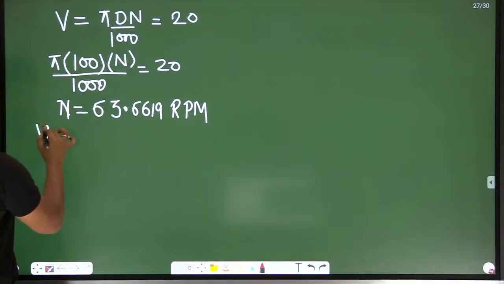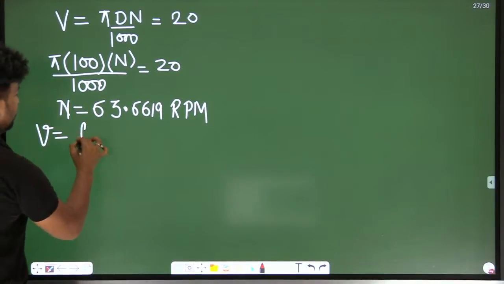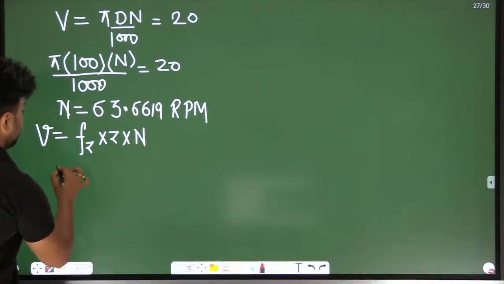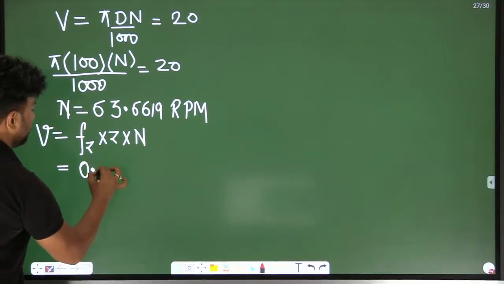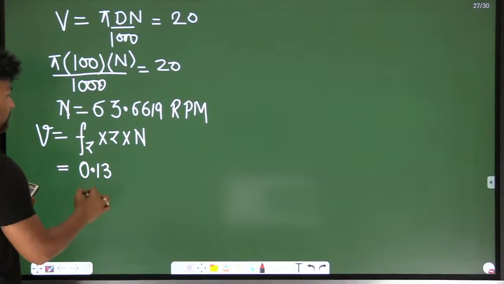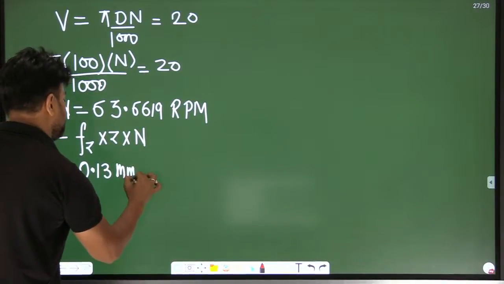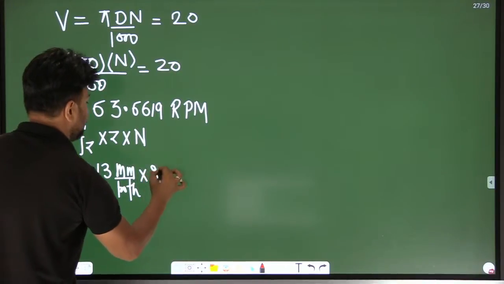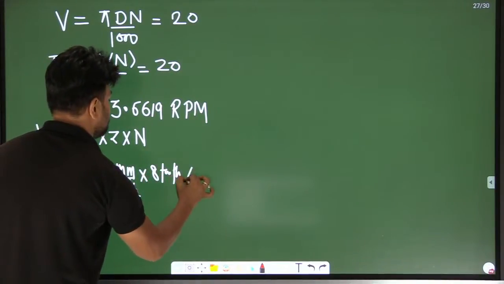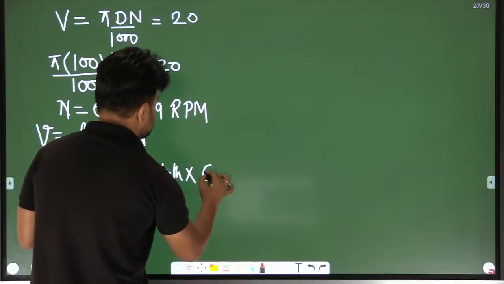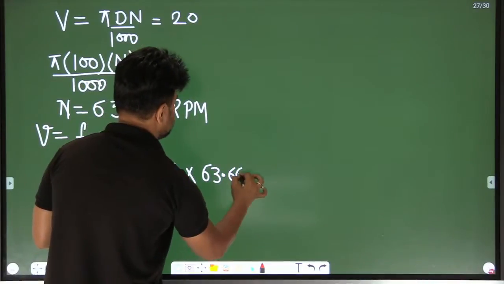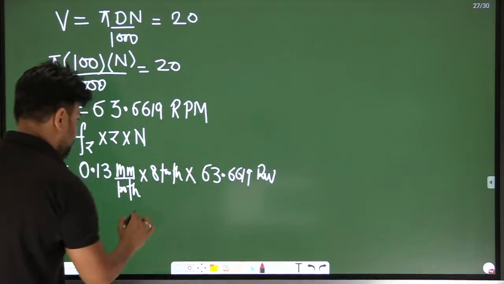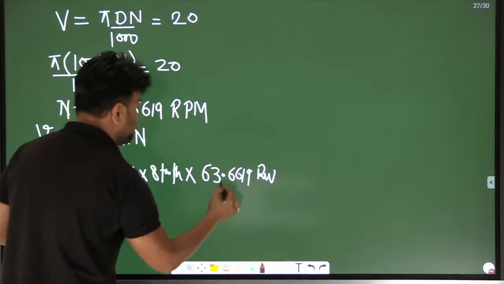Right. So here comes the table speed V, that is Fz into Z into RPM. Fz is 0.13 mm per tooth, the number of teeth is 8, and RPM is 63.6619 revolutions per minute.